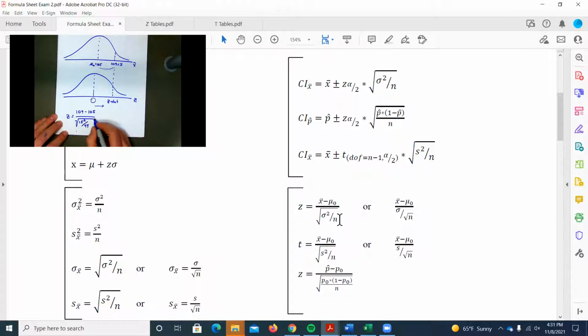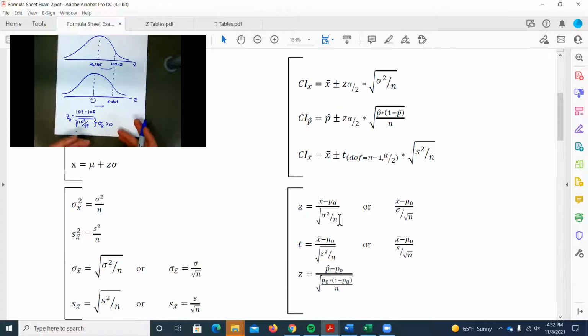Okay. Now, if we remember that in my z-value or in my t-value calculations, my test statistic calculations, my denominator always represents a standard deviation. In this case, I'm calculating kind of a z-value for a sample mean. It represents a standard deviation of my sample means. Okay. So what's going to be true about variances and standard deviations? They're always going to be positive, right?